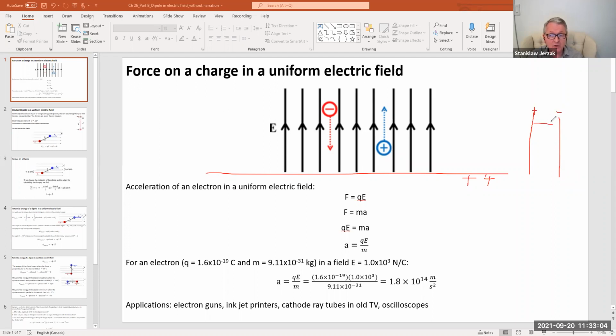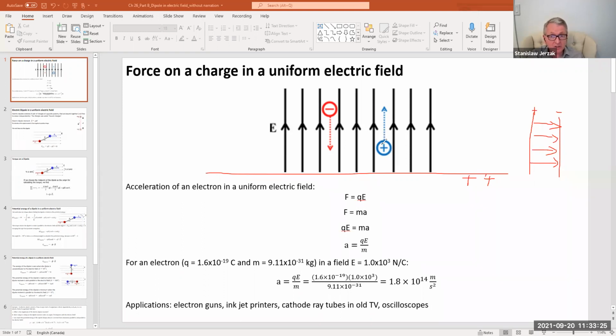In the region between these 2 plates, we have a uniform electric field. I will be explaining these 2 parallel metal plates probably next week. But for now, let us assume that this uniform electric field is produced by a single, very large plane of charge.